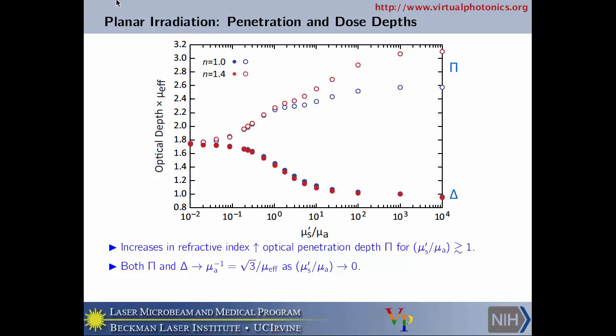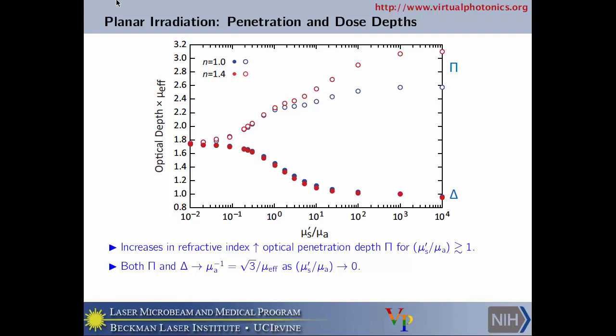The penetration depth is a little more interesting. Remember, we defined the penetration depth as the depth at which the fluence rate drops to 1 over e of the incident value. And so we saw that when you introduce a refractive index mismatch, you trap more light in the tissue and you're actually able to drive the penetration more deeply.